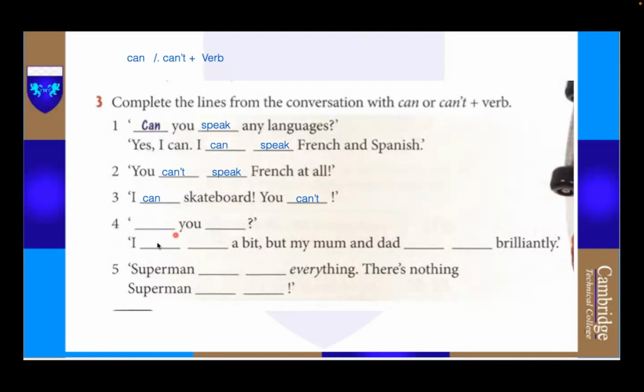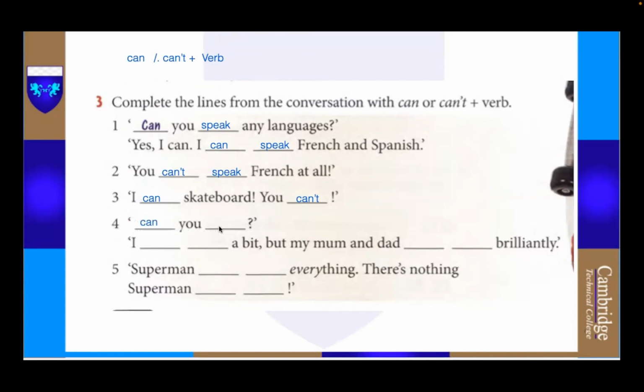Number 4. Can you? Very good. First, can. And here the verb, you can choose any verb you want.